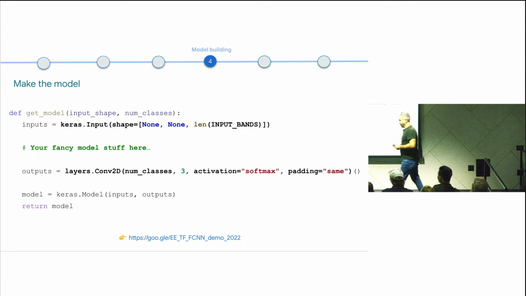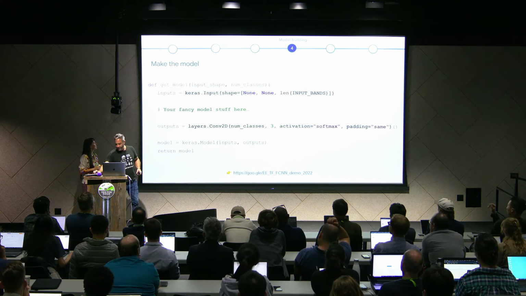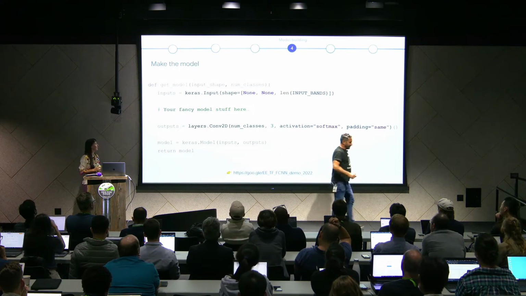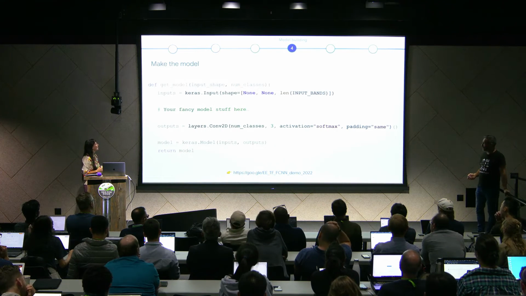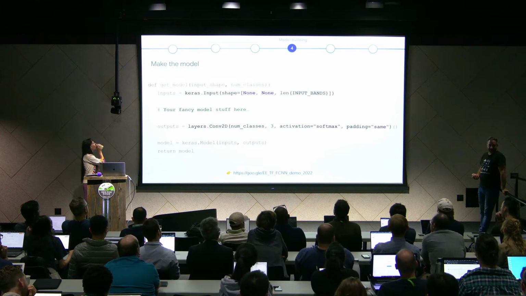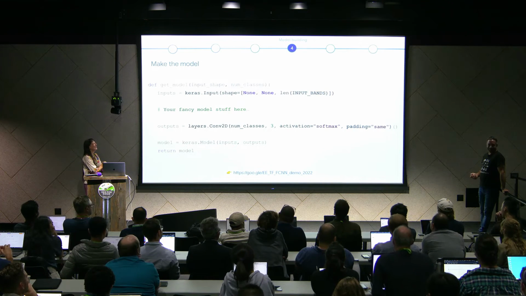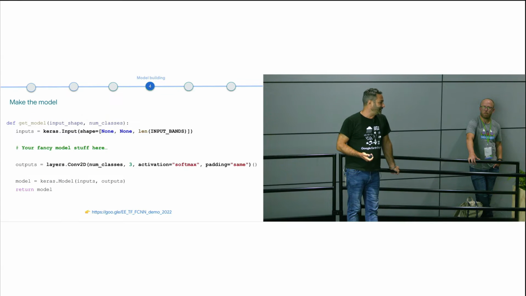OK. Now we're going to define the model. As I mentioned previously, this is a fully convolutional model. So what are we looking at here? First of all, I'm not a deep learning expert, despite the title of this talk. I took a class at Google once, and the teacher said, grad students have wasted the best years of their lives generating these models so that you don't have to.